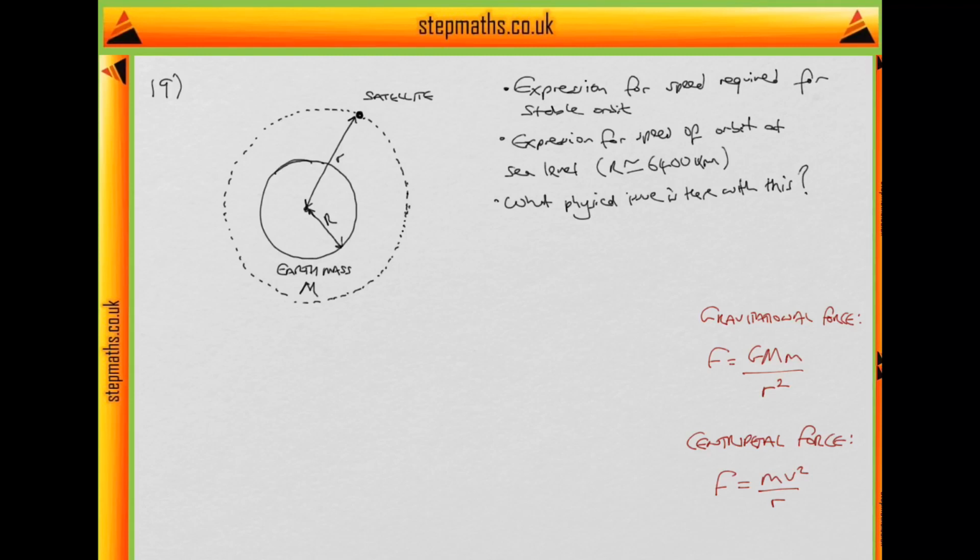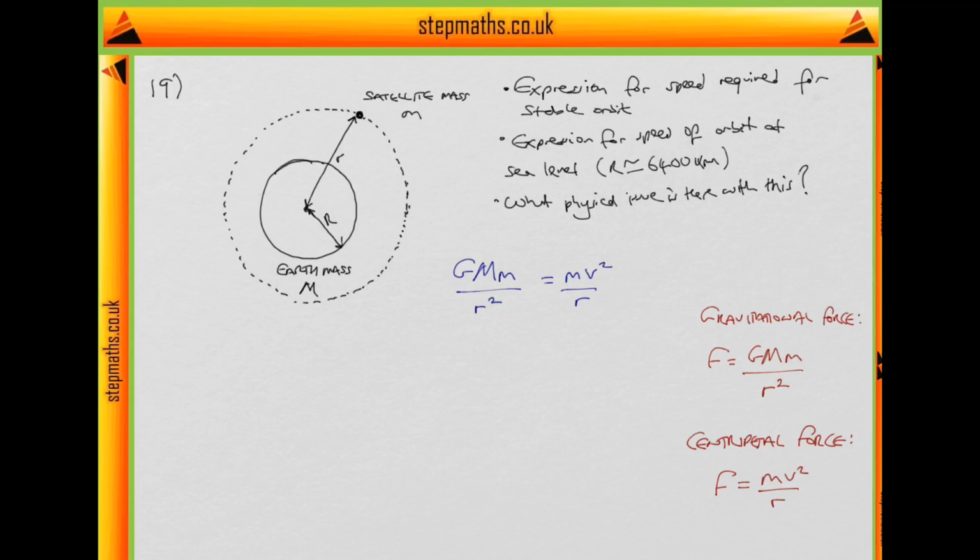We need to give the satellite a mass, so let's call it arbitrarily little m. Now we can equate the two. The gravitational force, capital G, big M, mass of the Earth, little m, mass of the satellite, over the orbital radius little r squared, is equal to the mass of the satellite times its linear velocity squared over r.